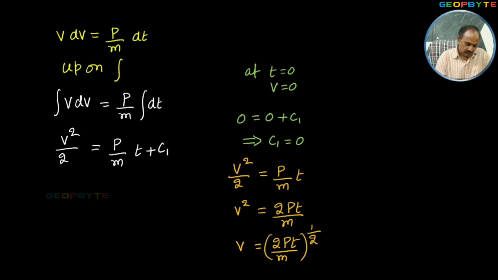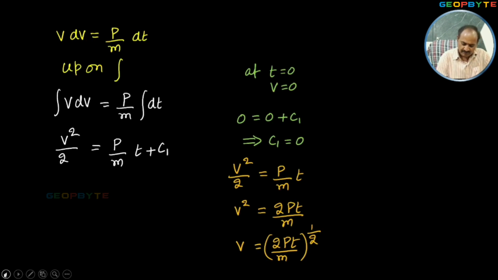Okay, so let's take another slide. V equals (2Pt by m) whole power 1 by 2. As you know, velocity v equal to ds by dt.